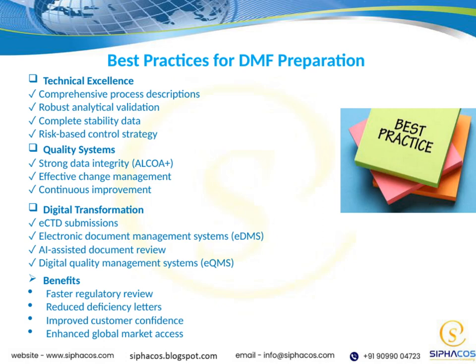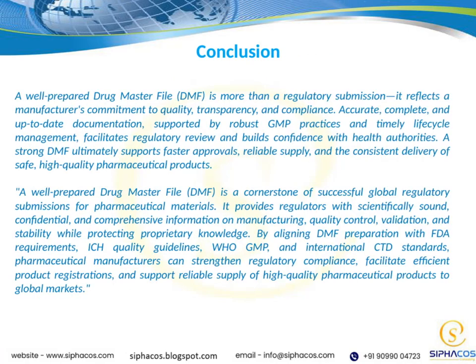Finally, digital transformation: using eCTD submissions, electronic document management, AI-assisted reviews, and digital quality systems. Together, these best practices speed up regulatory review, cut down deficiency letters, boost customer confidence, and open doors to global markets.